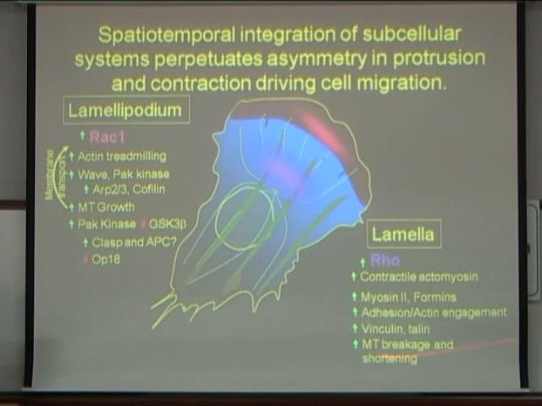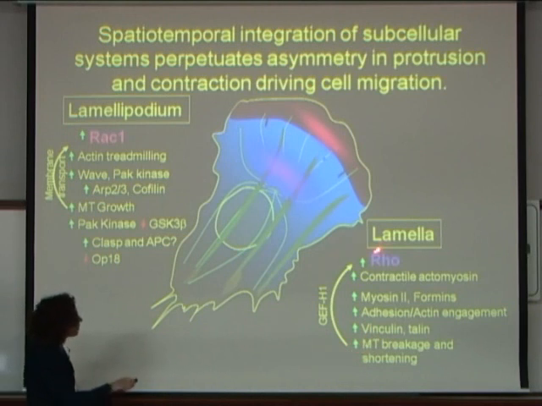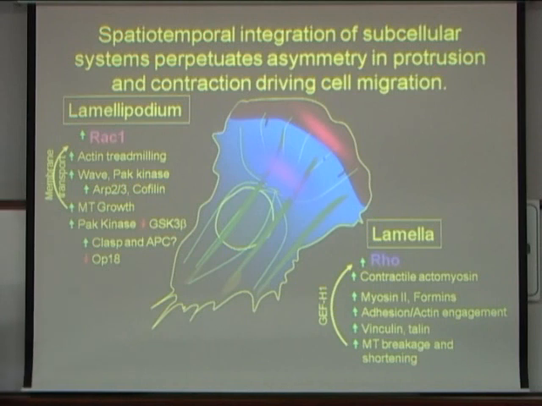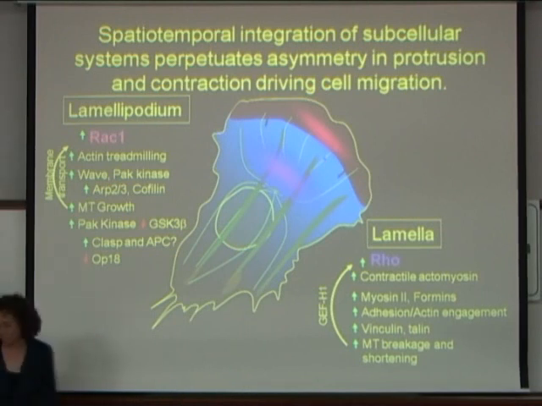The breakage and shortening of microtubules that's driven by this contraction has been shown by others in the field to drive the activation of Rho, which results in a positive feedback loop in this region. So this is just a cartoon hypothesis, but hopefully we can develop models that would actually support this through the numbers that we generate.